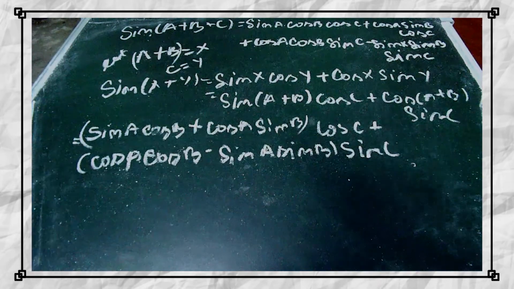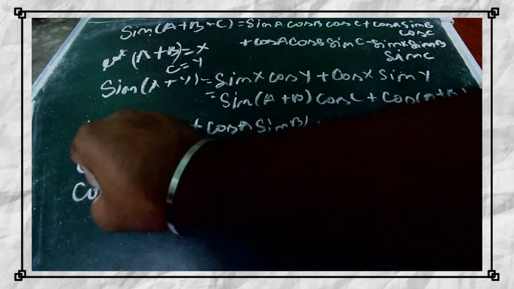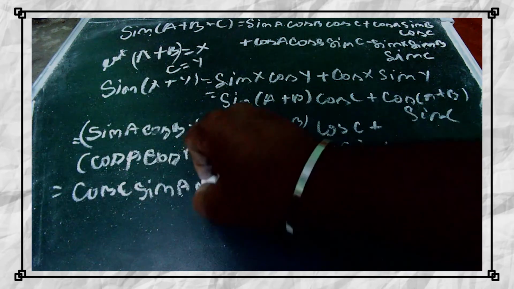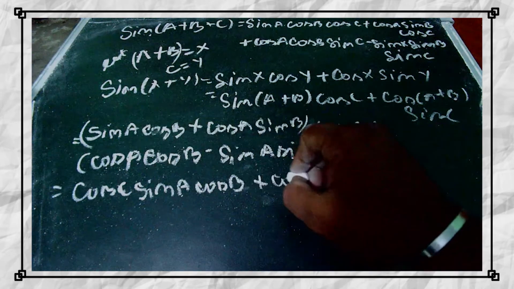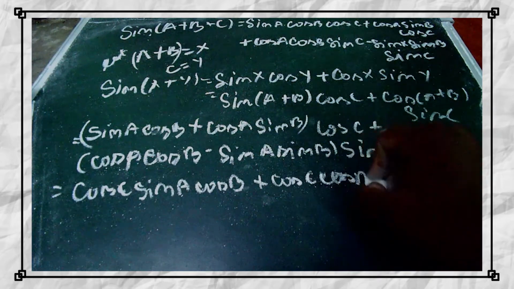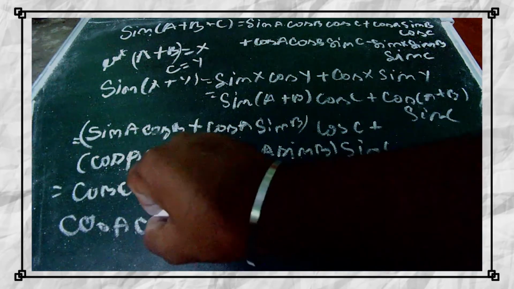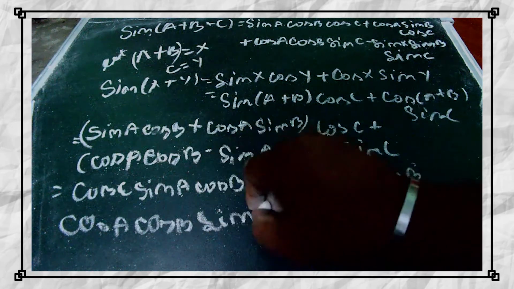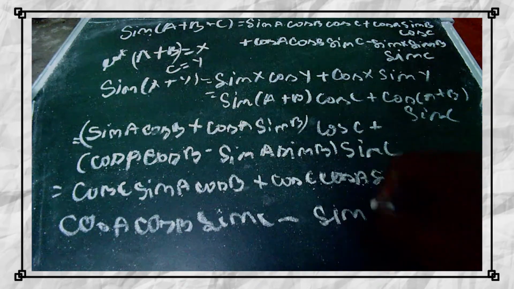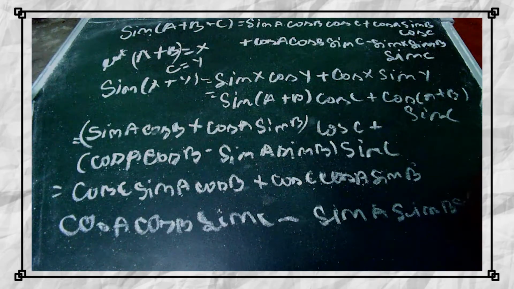After multiplication we will get cos of C into sine of A into cos of B plus cos of C into cos of A into sine of B, and cos of A into cos of B into sine of C minus sine of A into sine of B into sine of C.